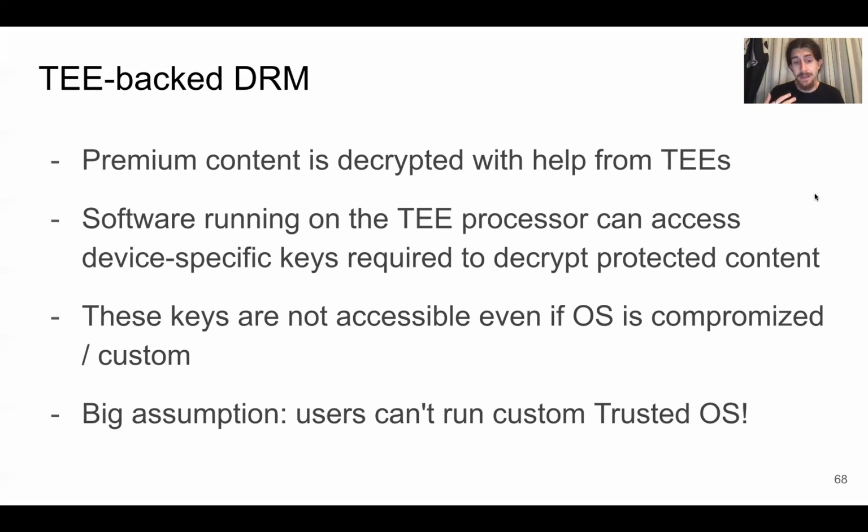And then there is a big assumption here, and the assumption is that users or attackers cannot run a custom trusted operating system. If you could do this, basically you could flash your trusted operating system on your Android phone, and then you just instrument that one and the attacker is in control there. So the assumption is that you cannot do this, and this assumption in normal modern phones is satisfied. You can flash a custom version of Android and or your applications, but you cannot modify the trusted OS or trusted apps.